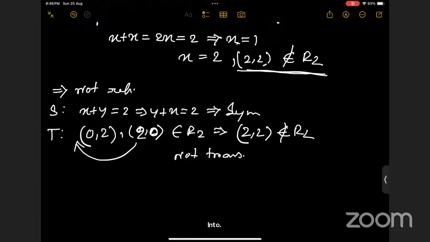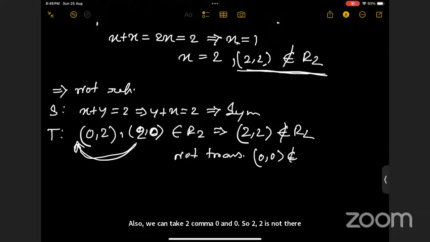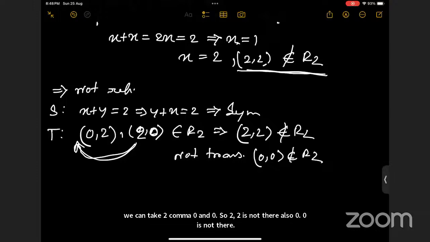Then the argument will be that (0, 0) does not belong to R2. We can check it here also, right? (0, 2) and (2, 0). Also, we can take (2, 0) and (0, 2). So (2, 2) is not there. Also, (0, 0) is not there. Both the things are correct.